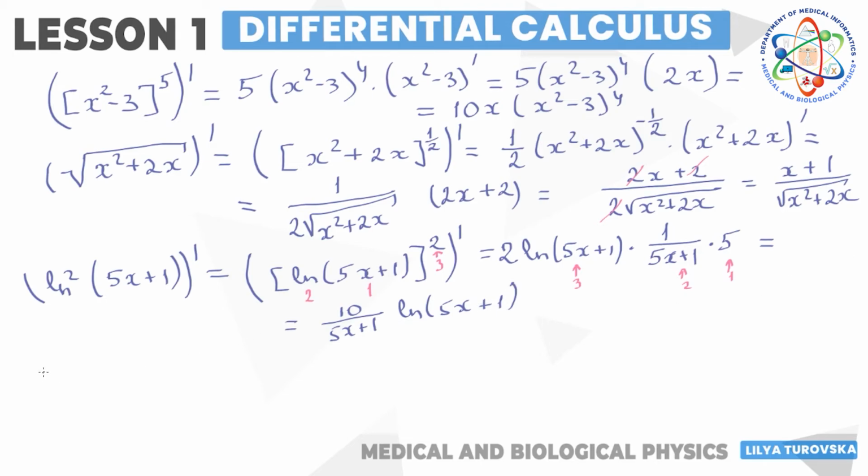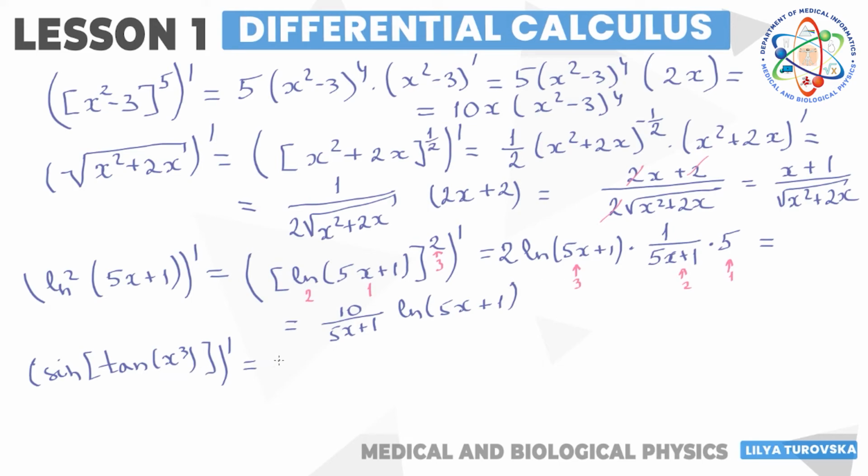Let's consider one more example. When we have three functions in a chain, it's the function sine of tangent of x cubed. You may see that we have again three functions. Outside is sine, the inside function with respect to sine is tangent, and the inside function of tangent is x cubed.